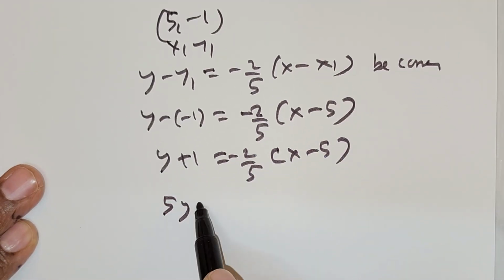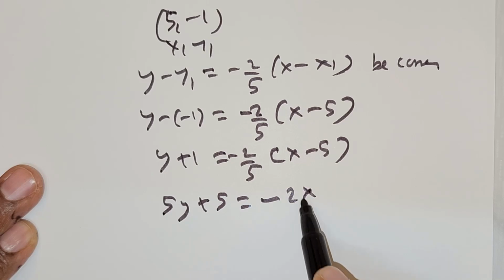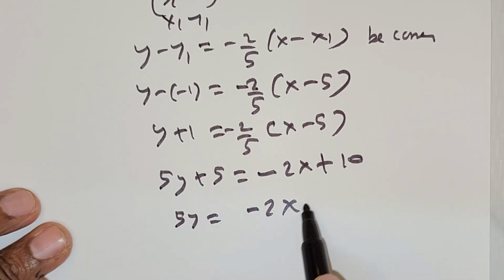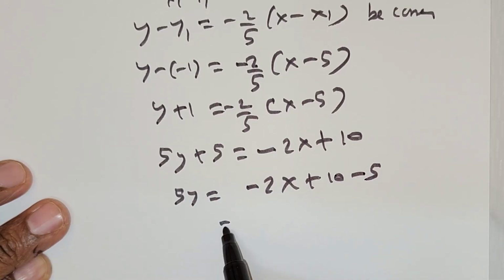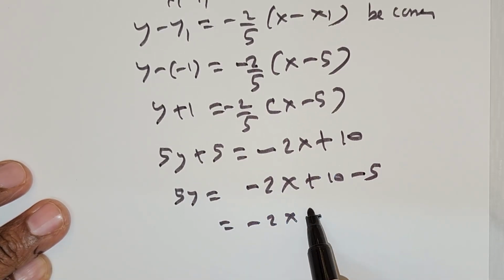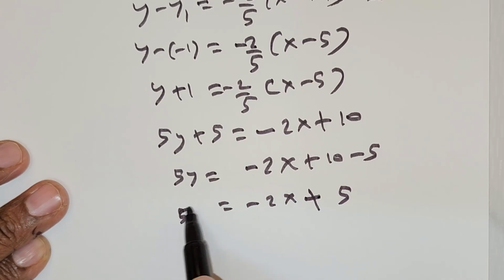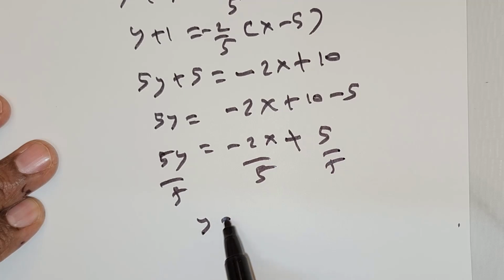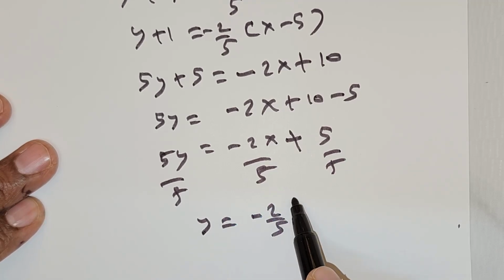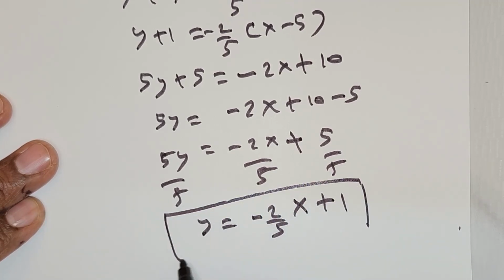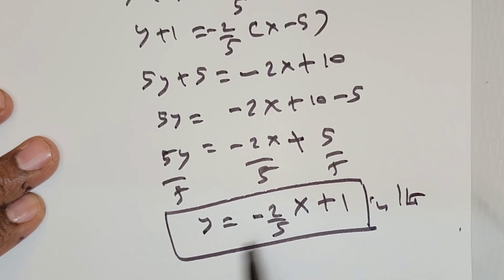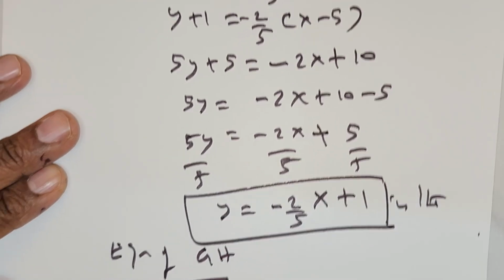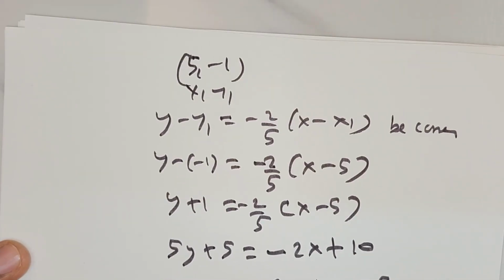You cross multiply, you get 5y plus 5 is equal to negative 2x plus 10, which means 5y is equal to negative 2x plus 10 minus 5, which means negative 2x plus 5 is equal to 5y. You divide by 5. This means y is equal to negative 2 over 5 times x plus 1 is the equation of GH. So that is the solution for this question.